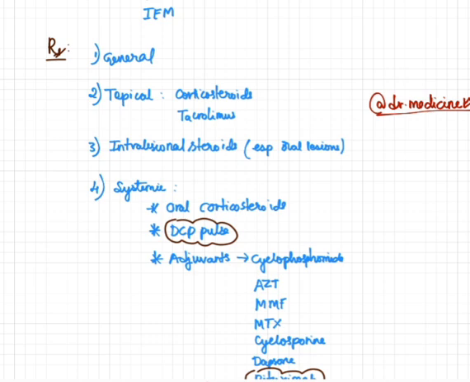Then topical drugs, we can go for topical corticosteroids. These are useful for both skin and oral mucosal lesions. Topical calcineurin inhibitors such as tacrolimus can be useful in localized and refractory lesions. Then intralesional steroids can be tried, especially in oral mucosal lesions that are not responding to treatment.